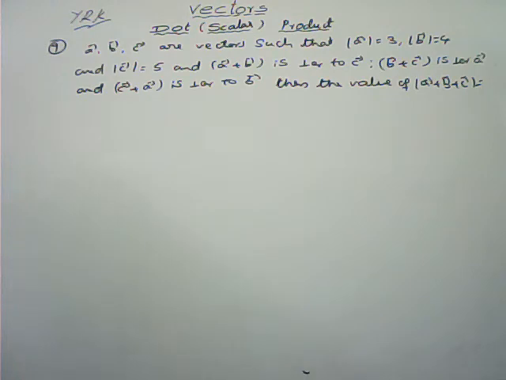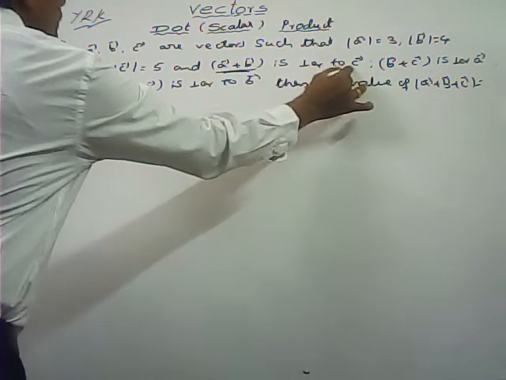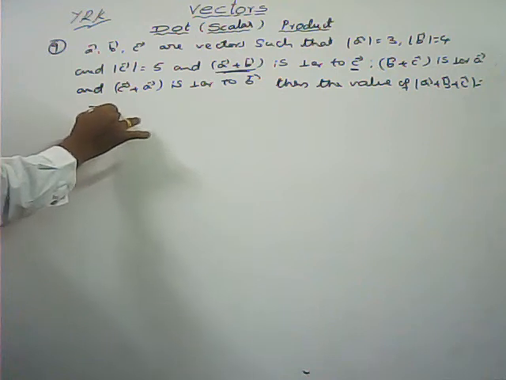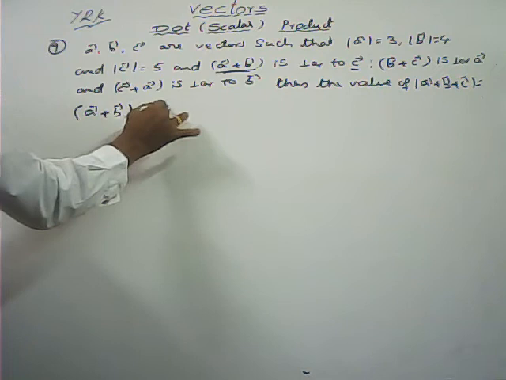Next one, a bar, b bar, c bar are vectors such that modulus of a bar is 3, modulus of b bar equals 4, modulus of c bar is 5, and a bar plus b bar is perpendicular to c bar. How to write that one? a bar plus b bar is perpendicular to c bar, means their dot product should be equal to 0.